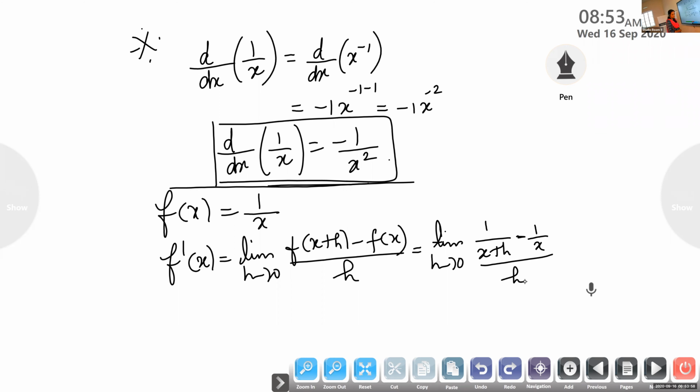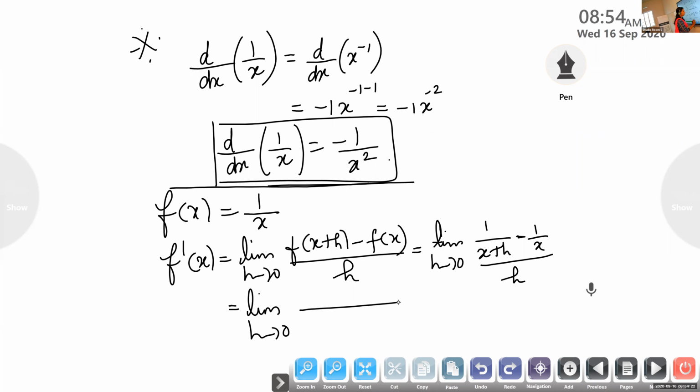Is it clear, children? Is it okay up to this? See, we derived 1 by x as minus 1 by x square using the formula. Now, the same thing we are doing using first principle. So, now this is the same as limit h tending to 0. Here, in the numerator, I'm going to cross multiply.